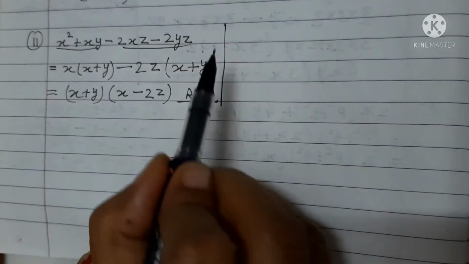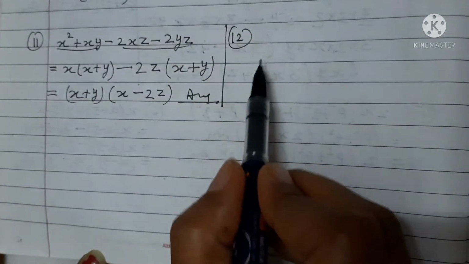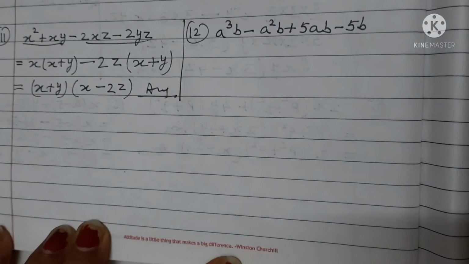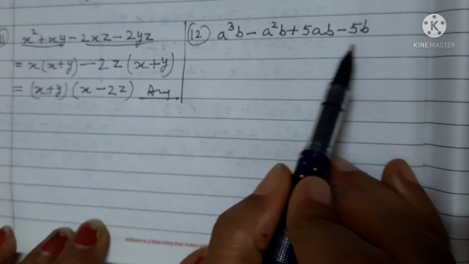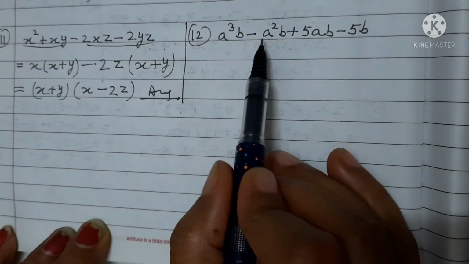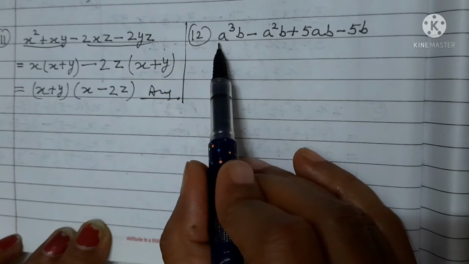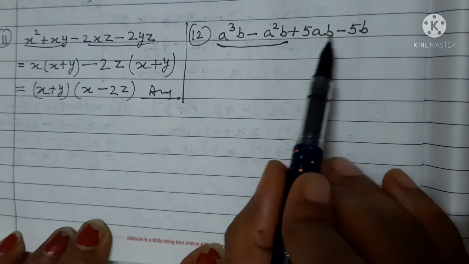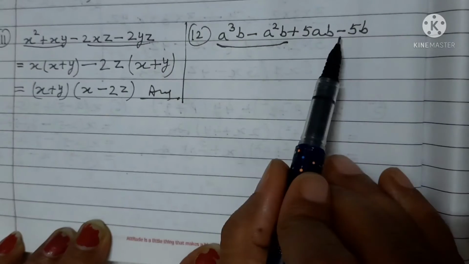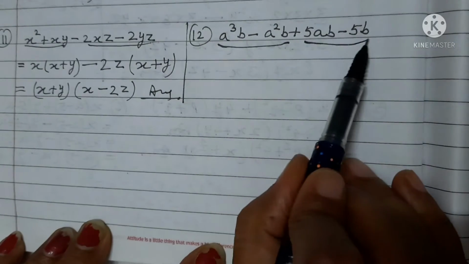Question number 12. See all the terms. Here a cube, a square. So make these two groups, and here you can take 5 common and b common in these two groups.